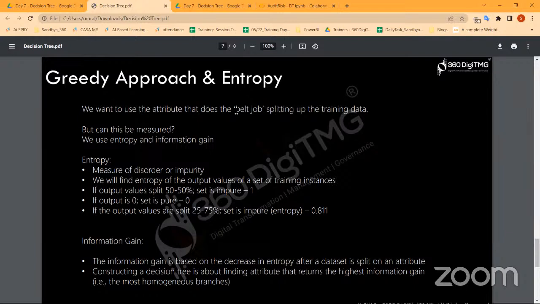Entropy has a similar definition here, and we are trying to define the impureness or the disorderness of our data through entropy. When we talk about the states of matter, solids, liquids, and gases, you might have heard that the disorderness of the molecules in a solid is very less. It's zero.